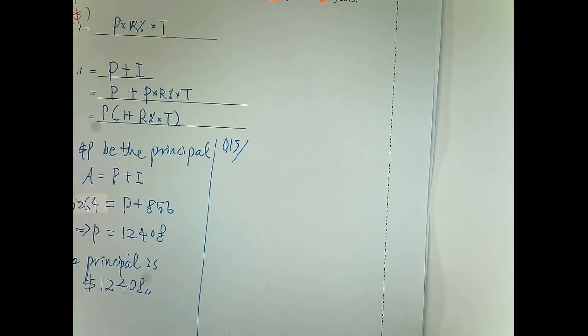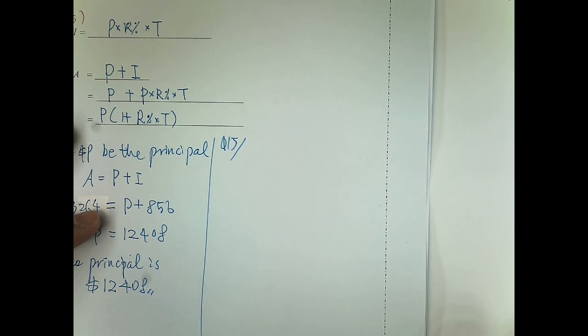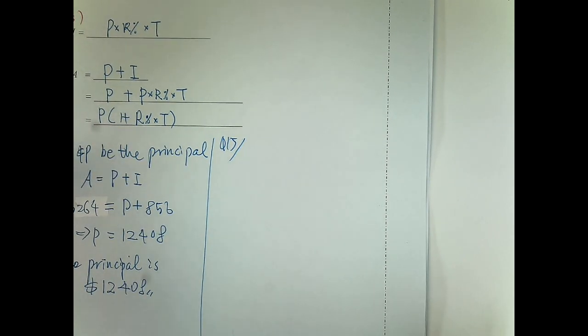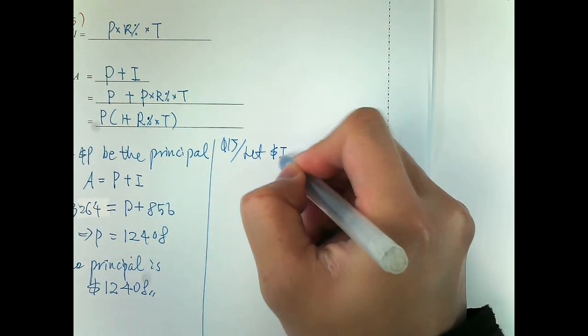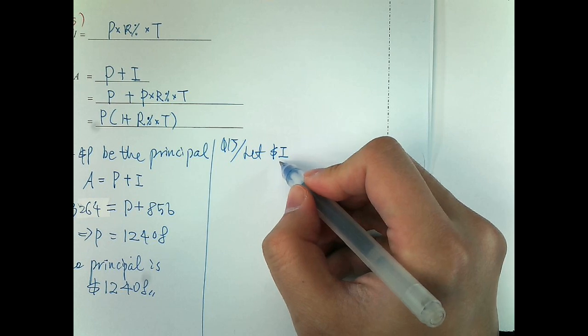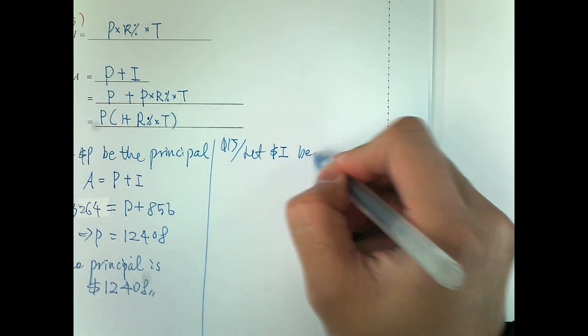This is the R% thing, okay? Find the simple interest he will receive after 3 years. The 3 is T, understand? So what you have to find out is the simple interest, meaning that you have to find out the I, understand? So you can let I, the unit of I is dollar, be the interest.